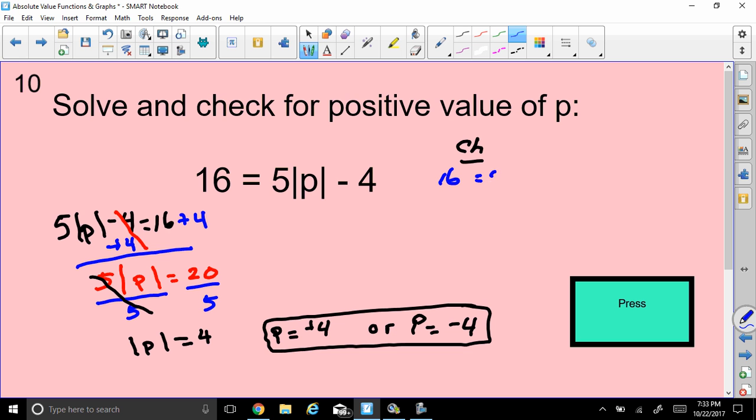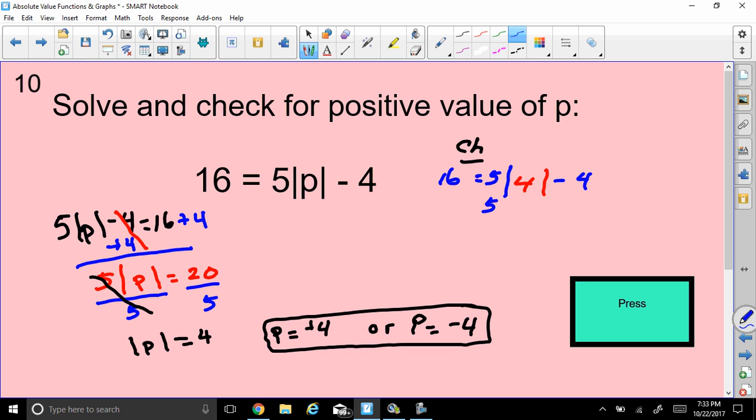16 equals 5 times the absolute value of 4, minus 4. All right, let's do it.